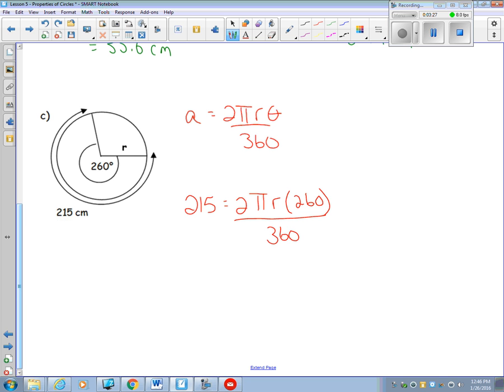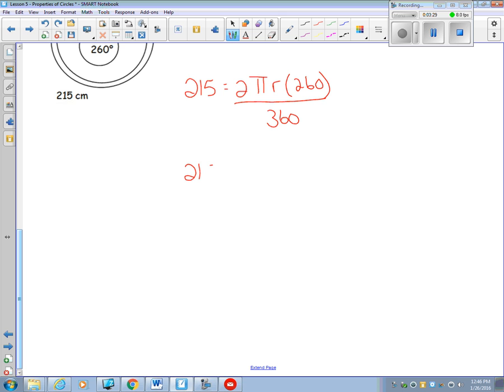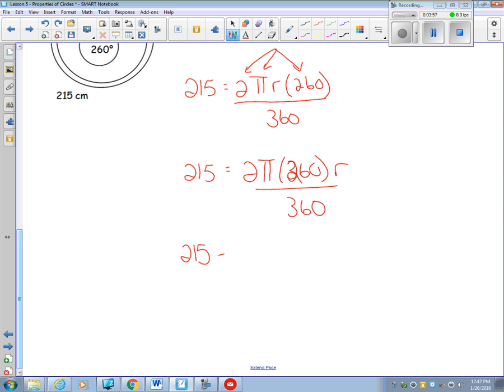The nice thing about this is, when we multiply things together, the order we multiply in doesn't really matter. So I can multiply the 2, the pi, and the 260 all together, and have the r attached to it. So 2 times pi times 260 divided by 360 is the same thing as saying 2 pi r times 260 over 360. Well, now I can do the math part.